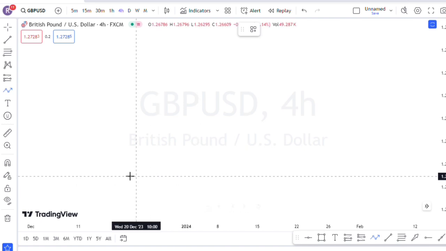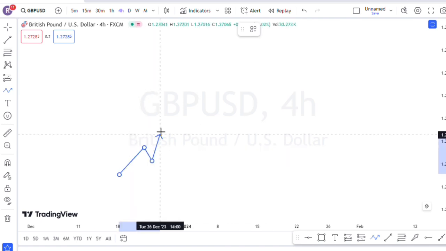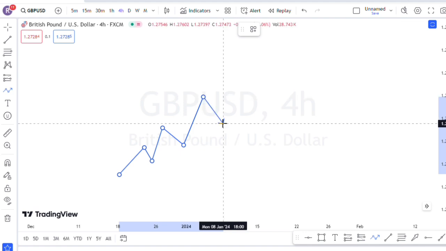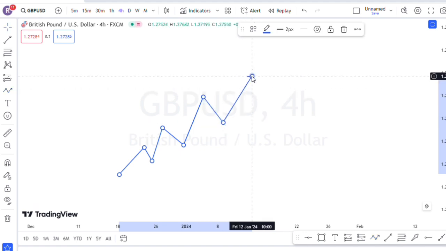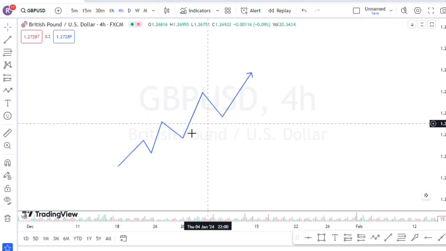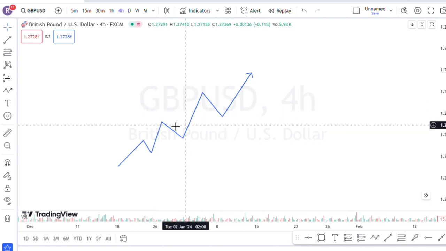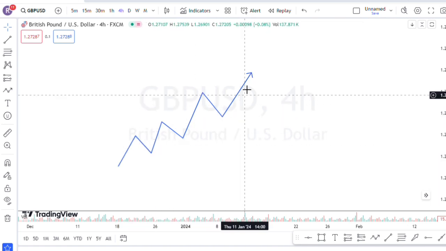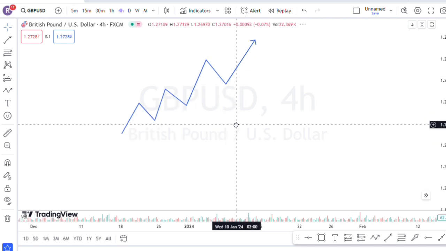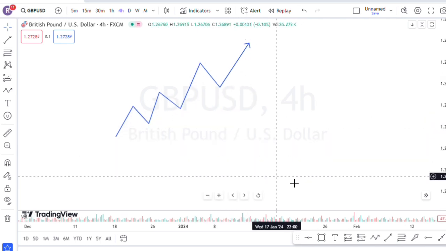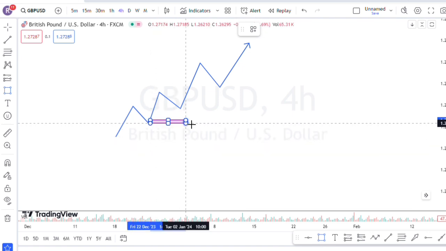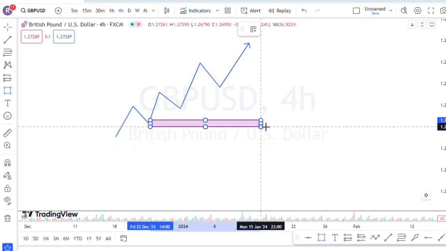So the market moves like this in an uptrending move. The market moves like this, forming a higher low and a higher high. When the market is moving like this, forming a higher high and a higher low, a demand zone is a zone where the market has formed an imbalance, has moved past its original position.